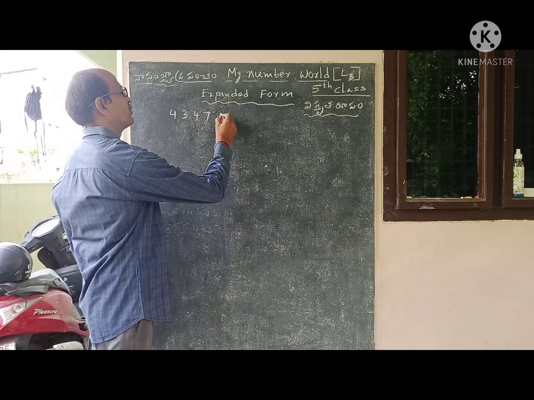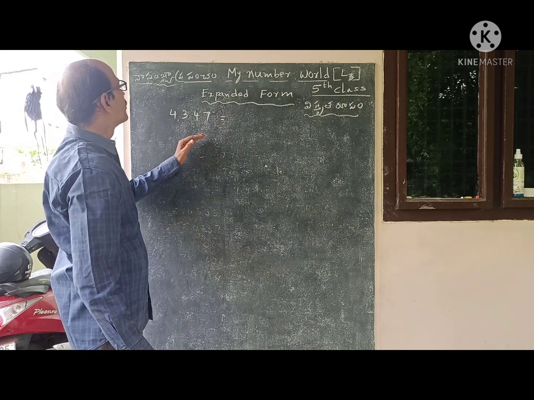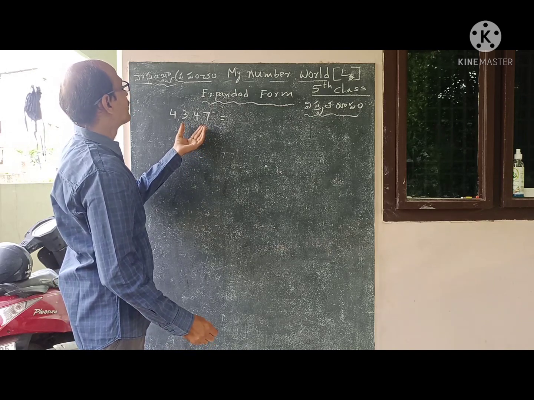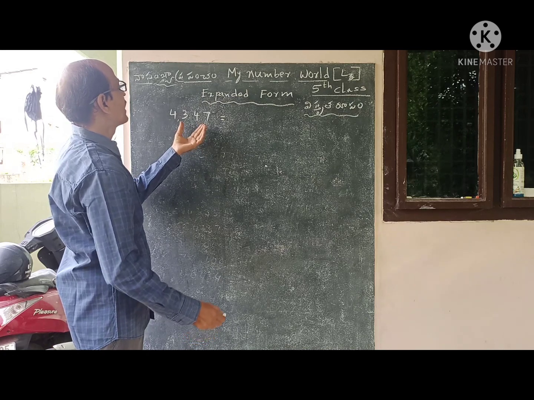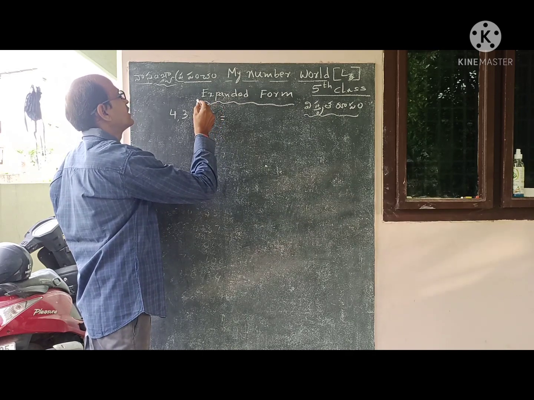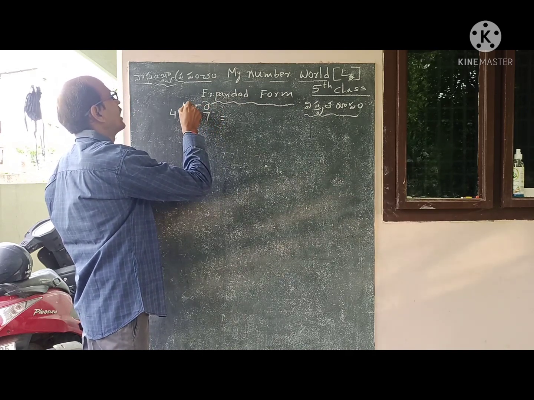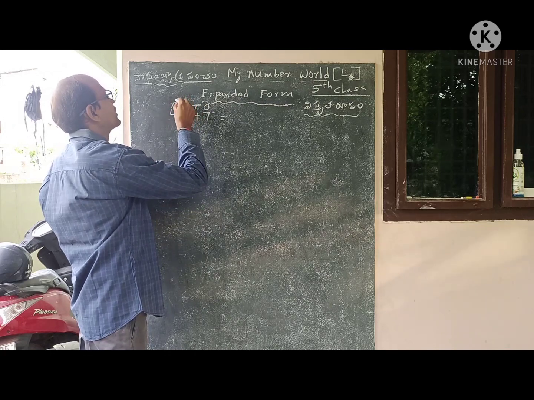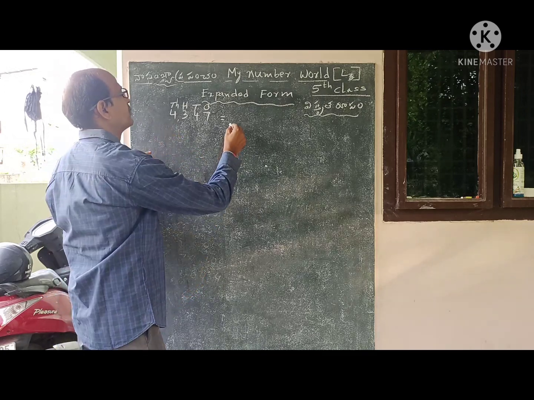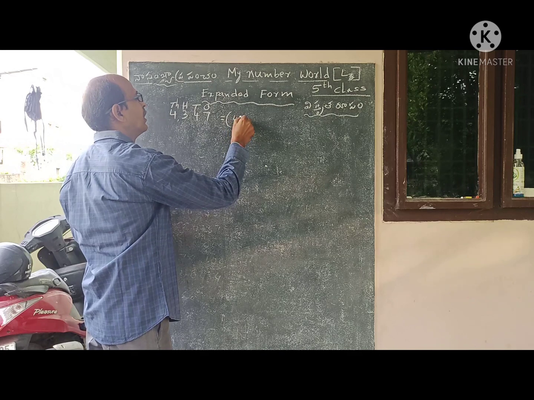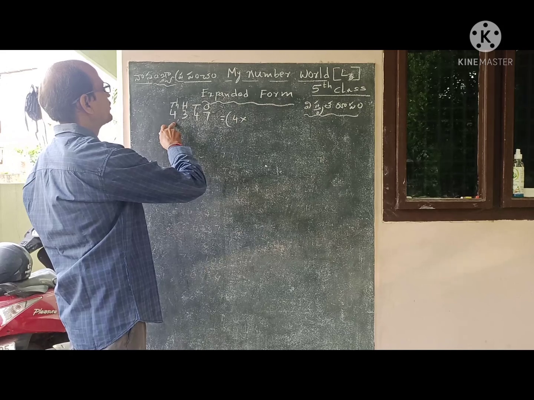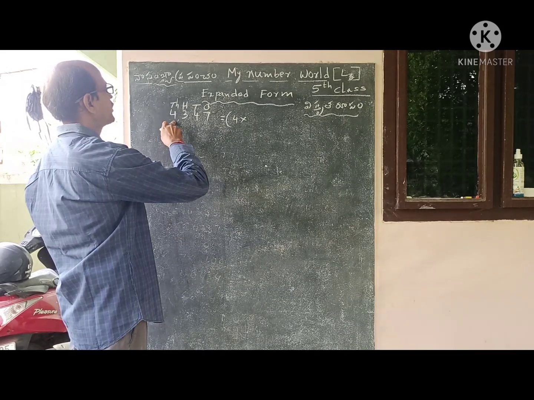If you want to write it in expanded form, first write the place values on top of the number: this is ones, this is tens, this is hundreds, this is thousand. After that, write the first number 4. Put a bracket: 4 into, what is the value here? 4,000. So it is the 1,000 place.